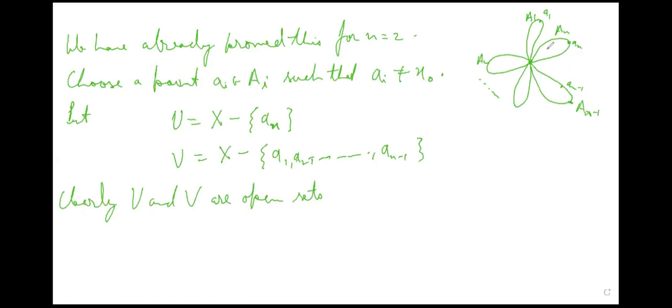If from X you remove this point an, you will get an open subset of X. Similarly, if you remove these n minus 1 points from X, then also you will get an open set.